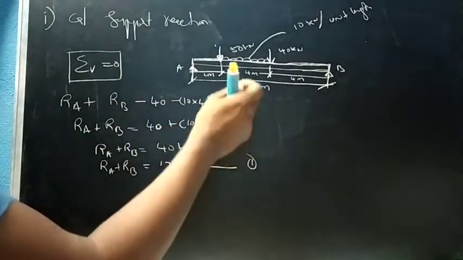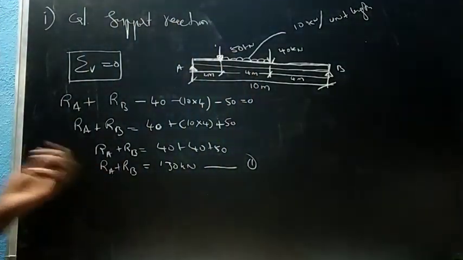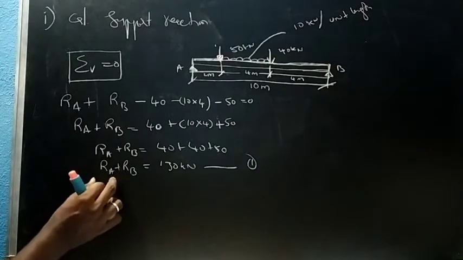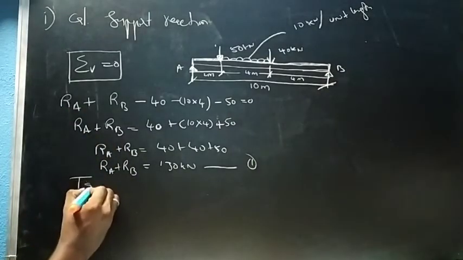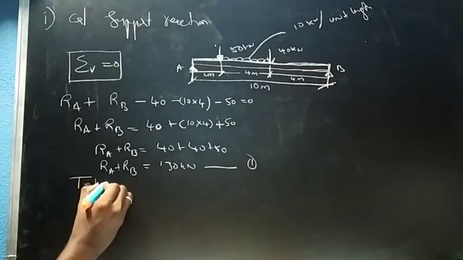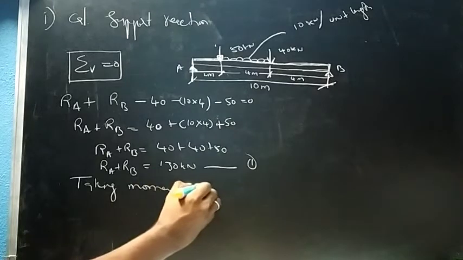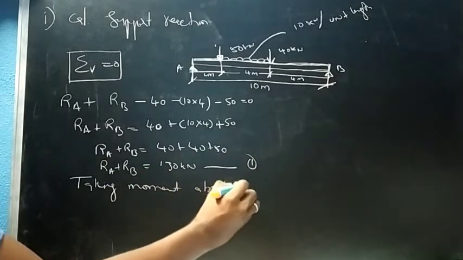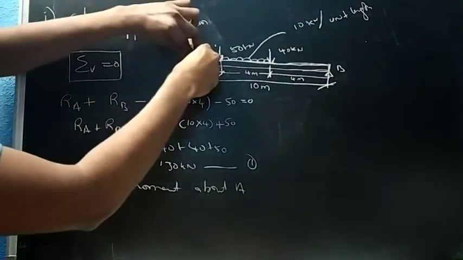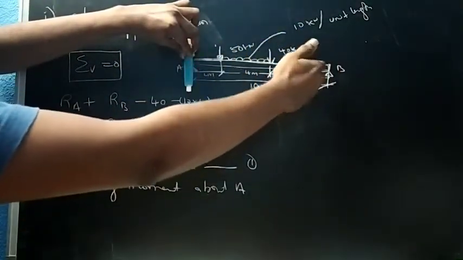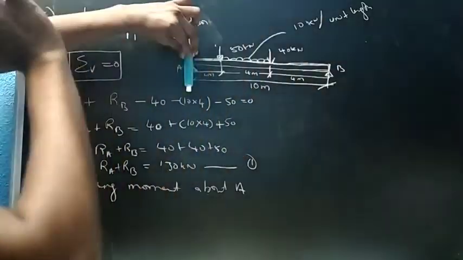So in order to find out RA or RB, we will take moment at A to find out RB. So taking moment about A, right? I am taking moment here, so I have to calculate all the forces into perpendicular distance starting from right to left.